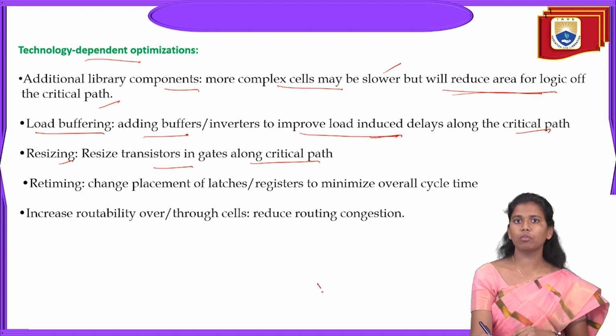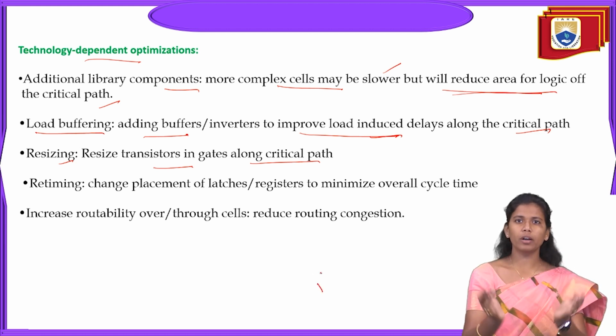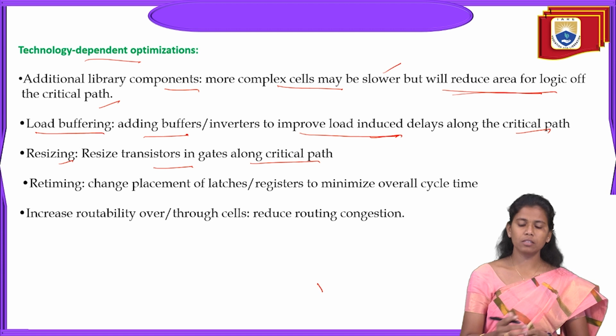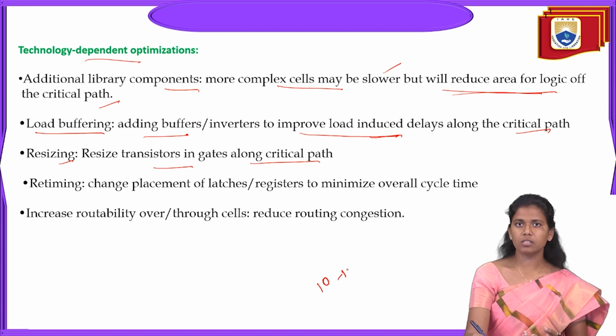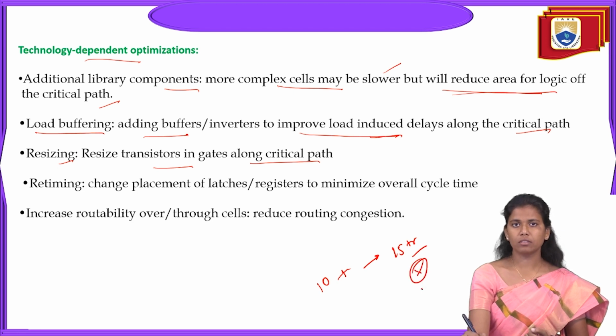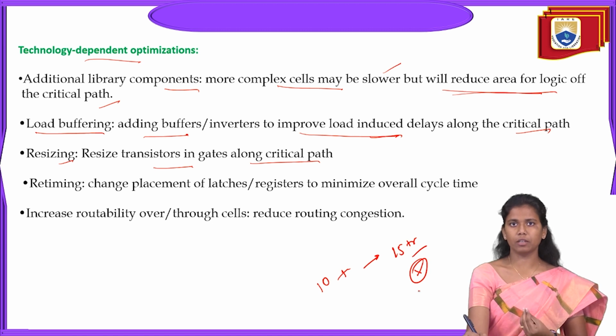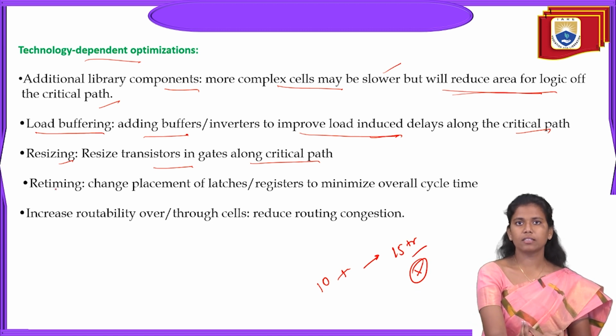For example, if I need 10 transistors to model a circuit, but instead I consider 15 transistors, then I have to omit the 5 extra transistors. So I can reduce the size of that particular model using this resizing technique along the critical path.